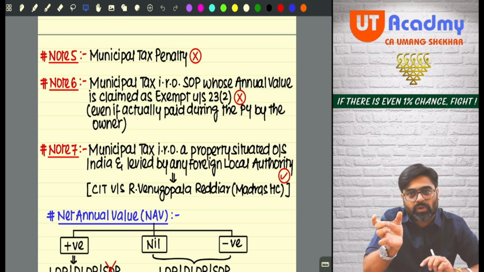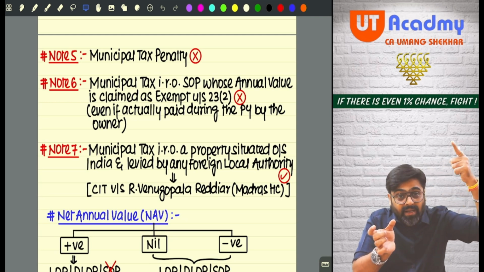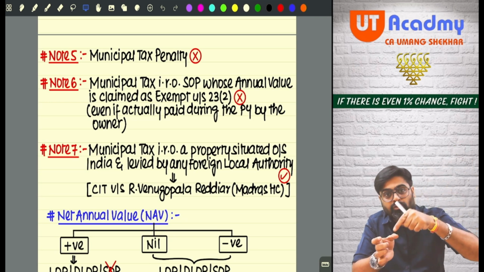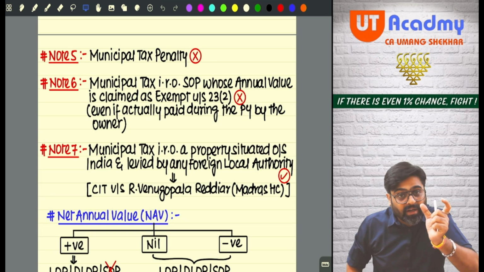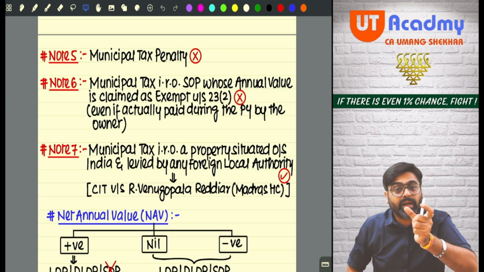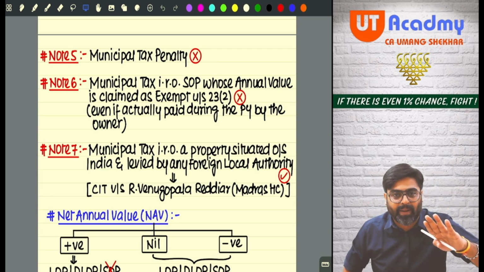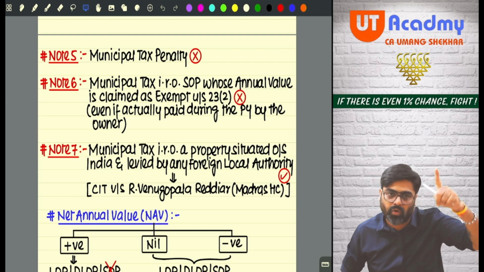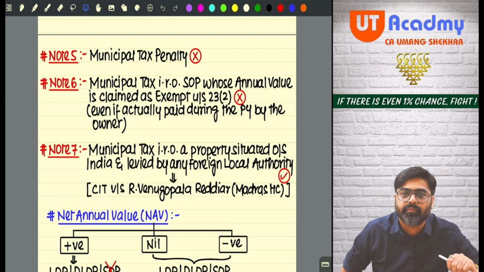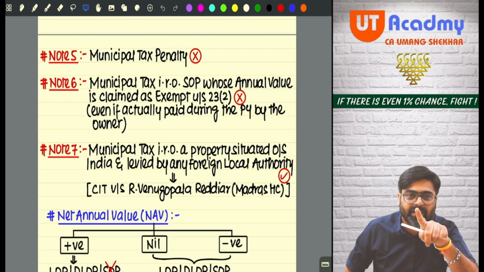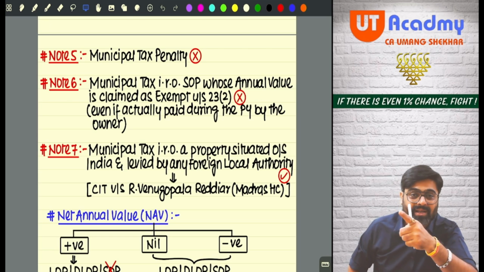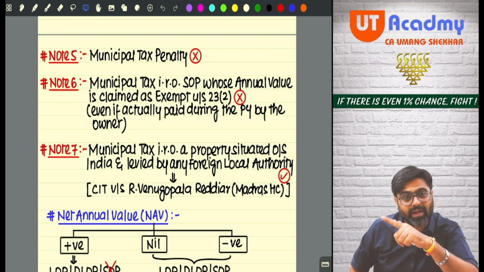And now if this total is greater than or equal to expected rent, then also actual rent will be taken as GAV. But if the total of actual rent and vacancy rent is still lower than expected rent, in that case actual rent will be ignored, expected rent will be taken as GAV. And from that GAV, finally you are supposed to take unrealized rent as reduction. You will get final GAV.